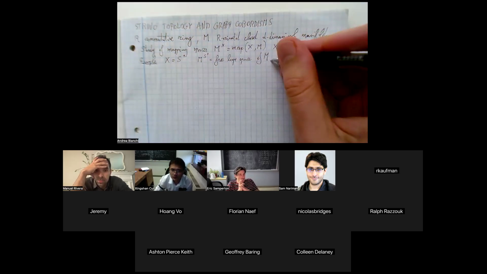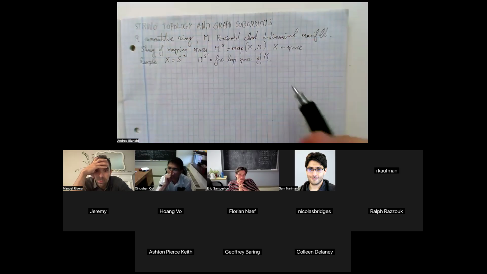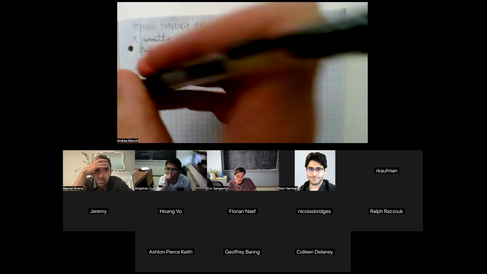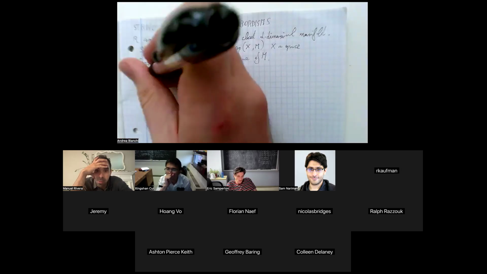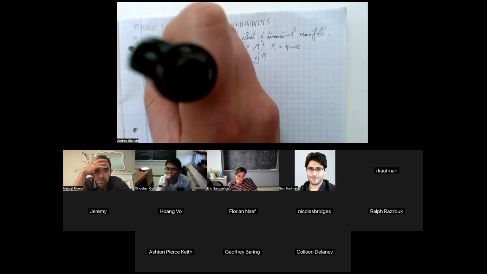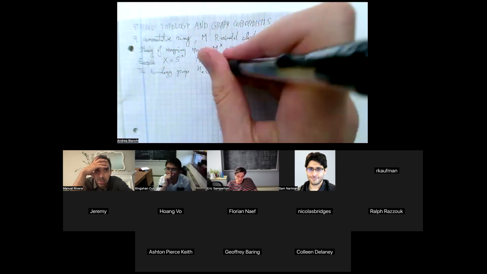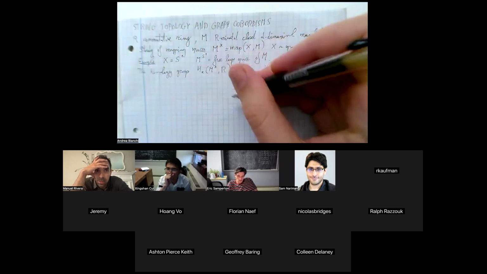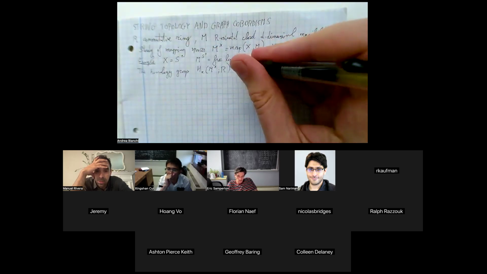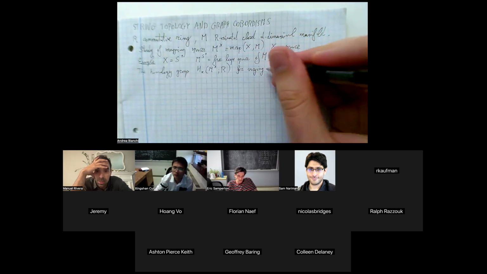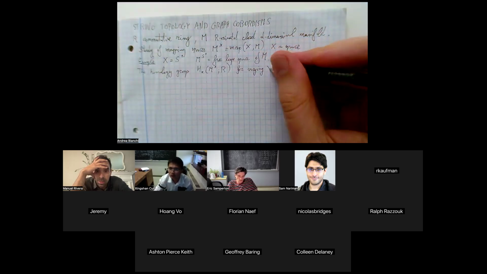And what we want to study is the homology of these mapping spaces. And the idea is that the homology groups of these mapping spaces with coefficients in R for varying X. So we will fix M, but we will let X vary.